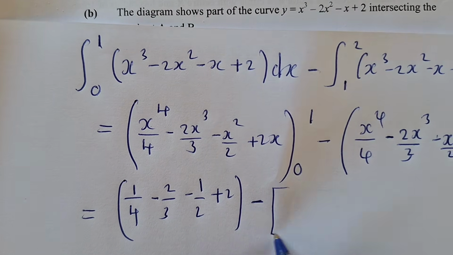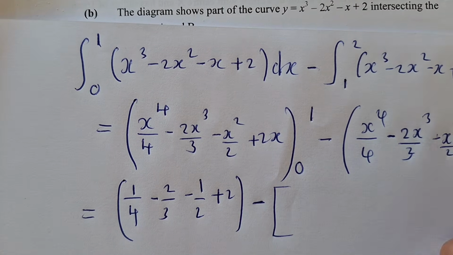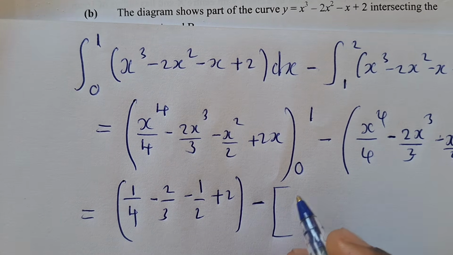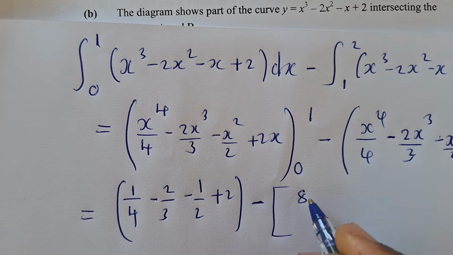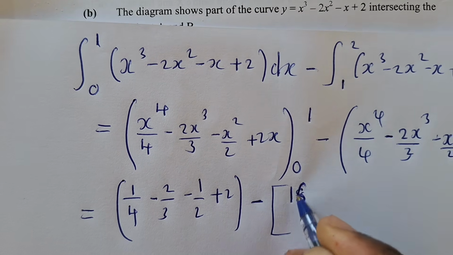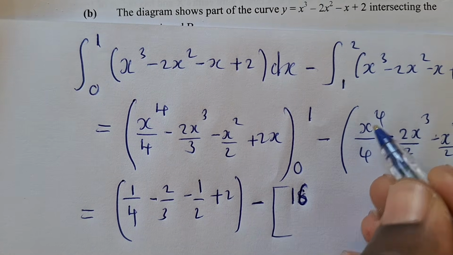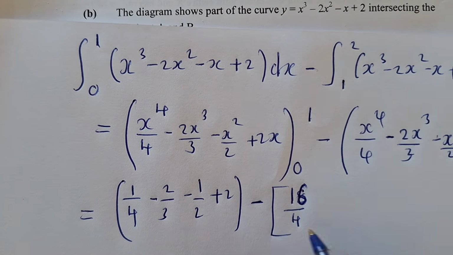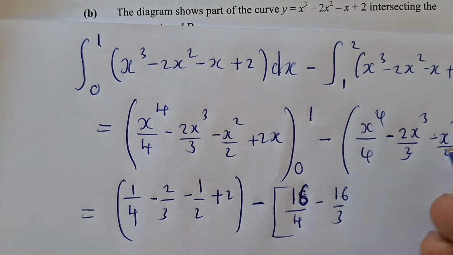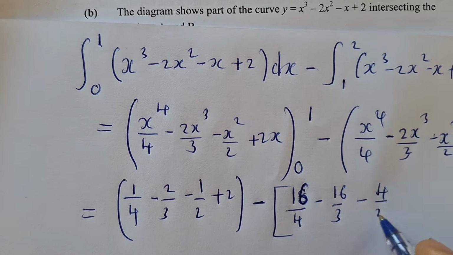And then say minus. Here, when you substitute a 2, you're going to get 16. That is when you put a 2 here, 2^4, it's 16/4. A 2 here, you get 16/3. A 2 here, you get 4/2.